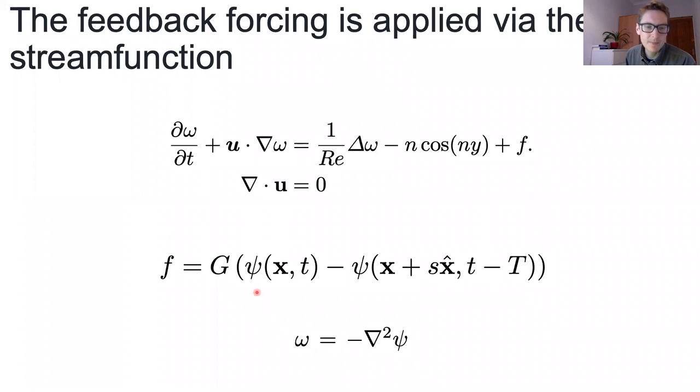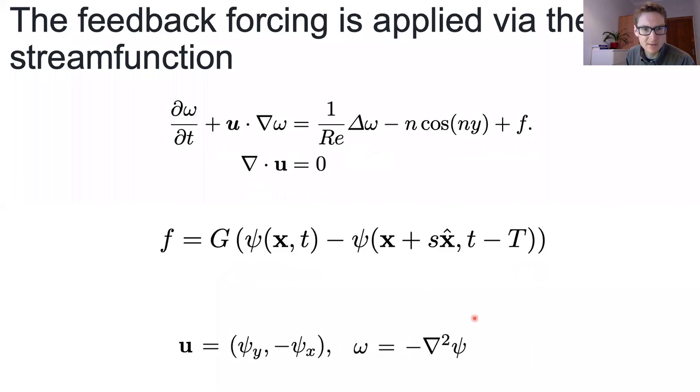I'm just trying to be as transparent as I can. You'll also notice that I'm leaving in a translation in X for precisely the reason I just described. This will allow me to hopefully stabilize traveling waves and relative periodic orbits as well.